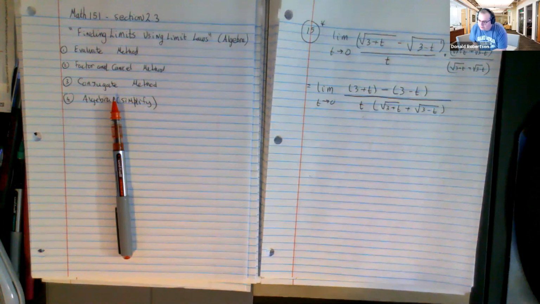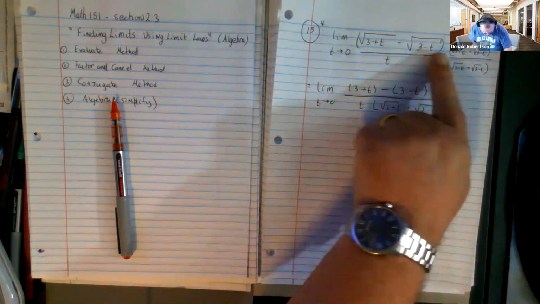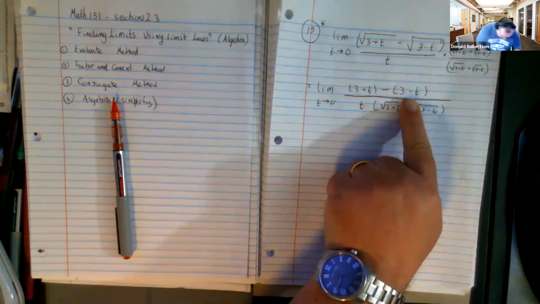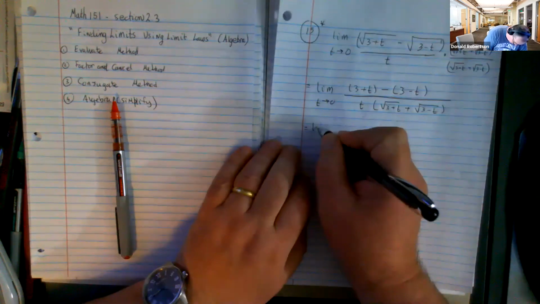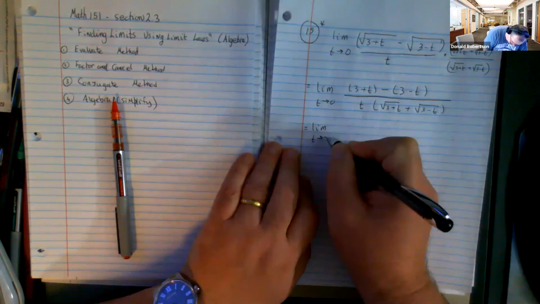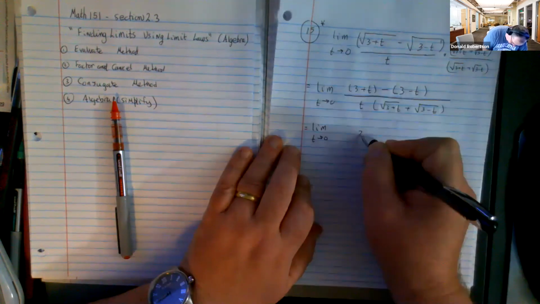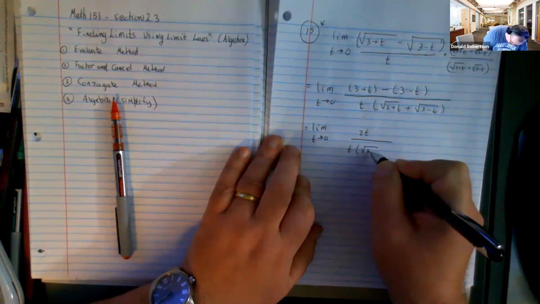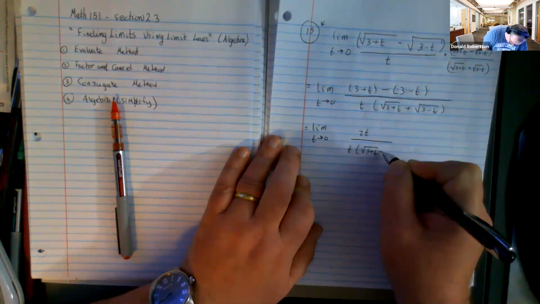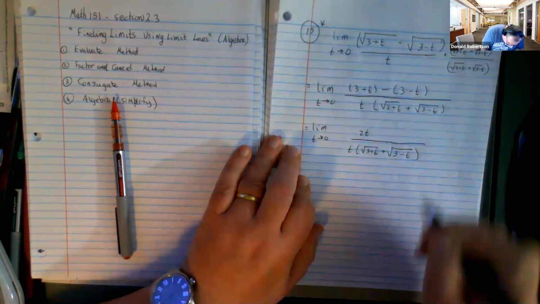So far, so good. That times that gets you 3 plus t. Negative that times positive that, you subtract 3 minus t. That becomes the limit as t tends to 0 of, they cancel out and those combine. There's my cancel.